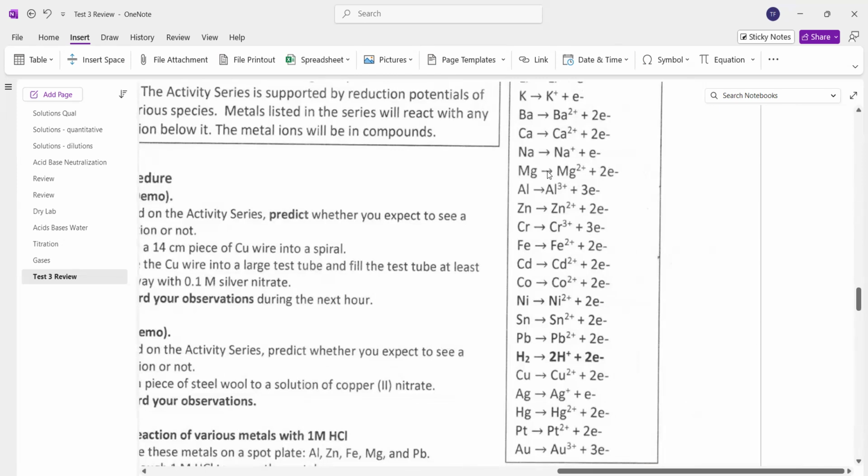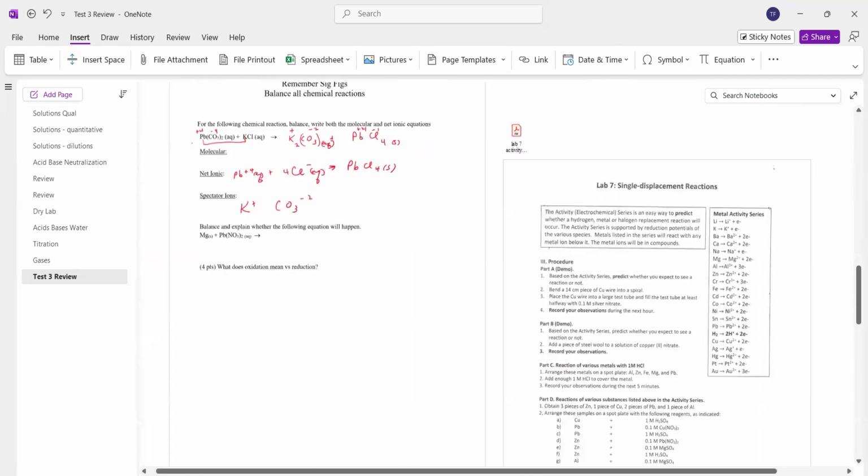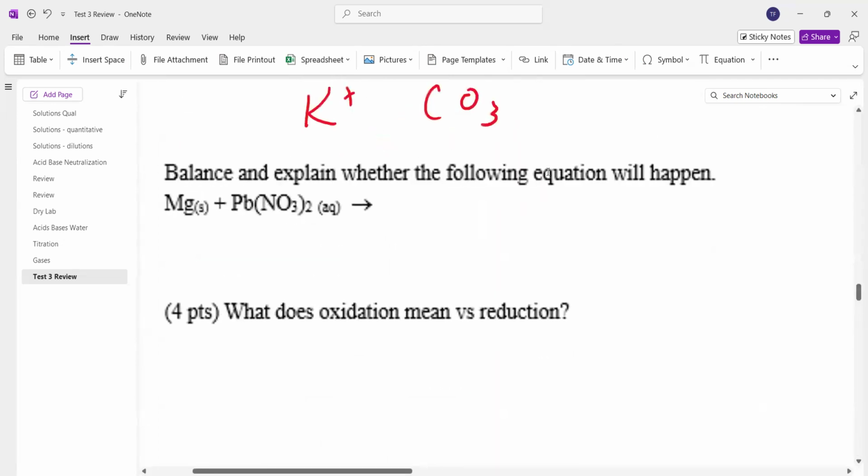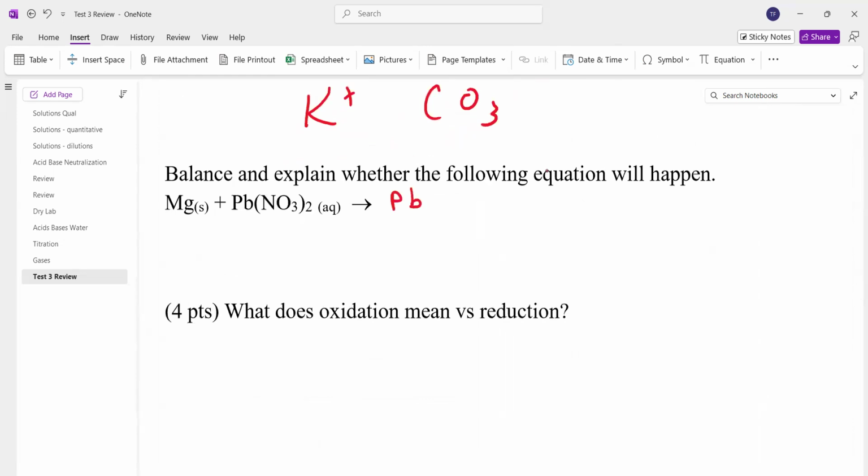So when the metal is above the ion, it goes. Magnesium is +2, so we need 2 nitrates. Lead is a +2 also.